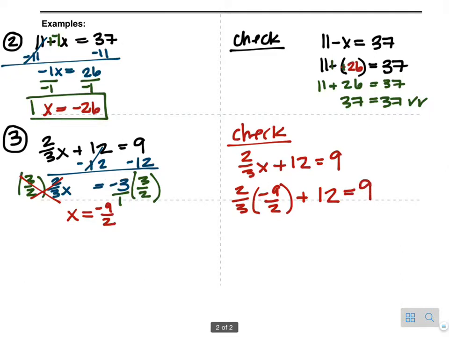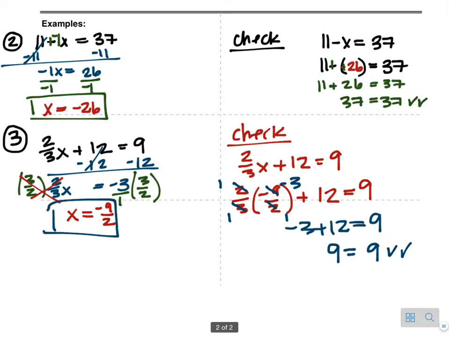I do have a few things that can be cross-canceled here, so there is a 1, 2 in each of those 2's. And there is 1, 3 here and a negative 3 here. That would give me a negative 3 plus 12 should equal 9. And in fact, negative 3 plus 12 does equal 9. Because that checks out, I can go ahead and box in my answer.